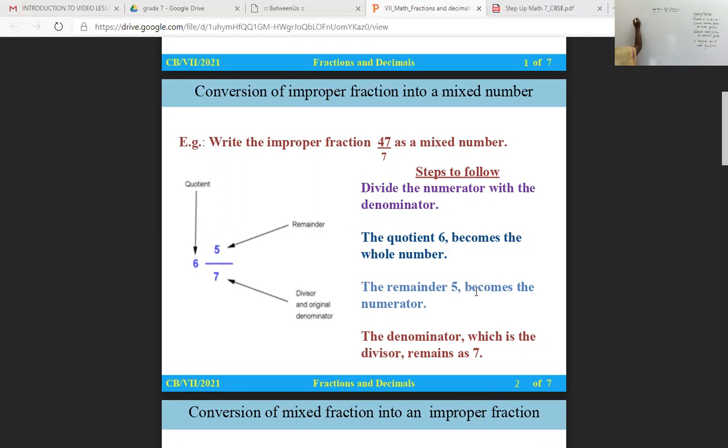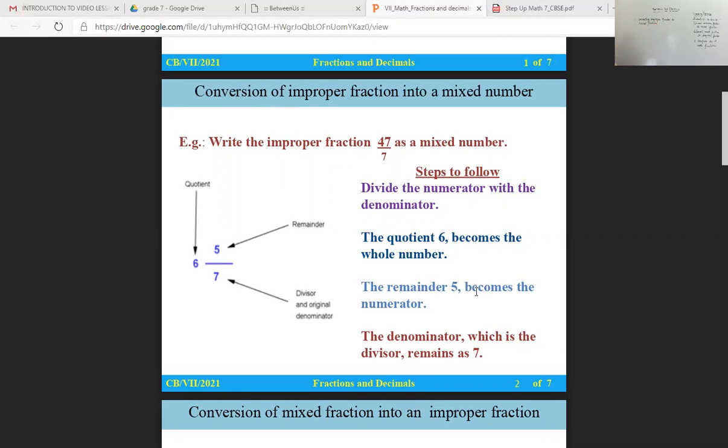So the first concept is converting an improper fraction to a mixed fraction.